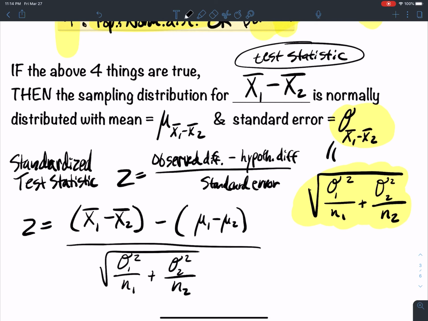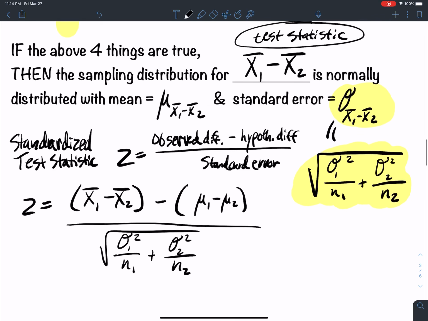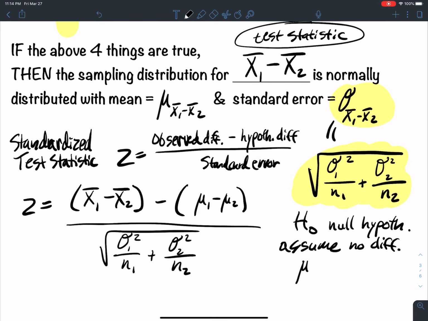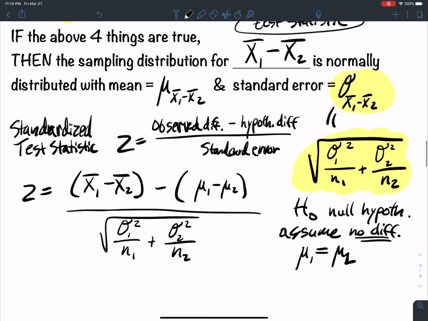Okay? Now, what do we know? In the H0, with the null hypothesis, what do we assume? We assume there's no difference. If there's no difference, what does that mean? If mu1 equals mu2, that means there's no difference in the means, right? So what is mu1 minus mu2?